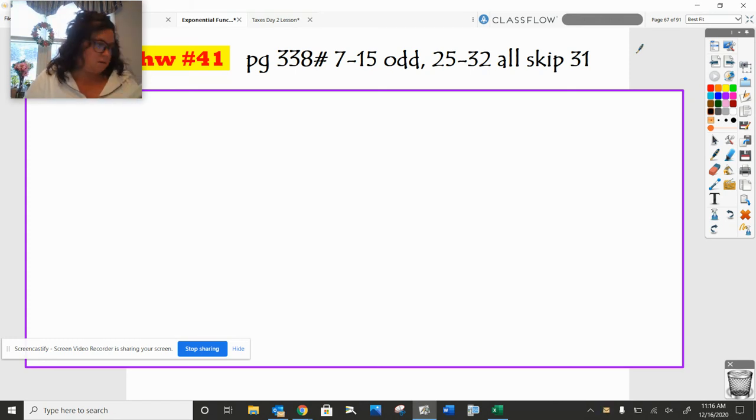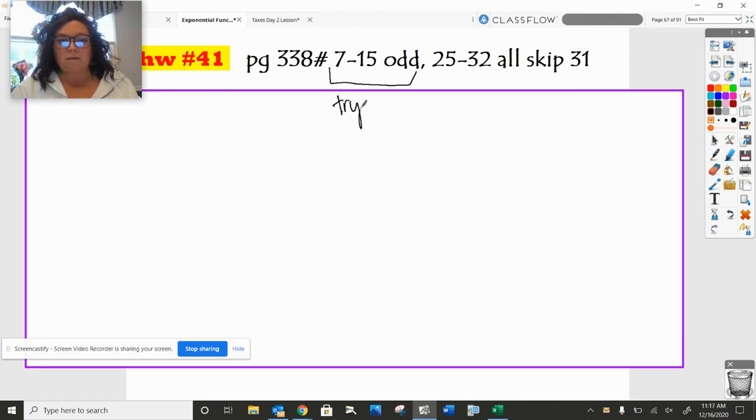So let's see, 338, 7. Okay, 7 to 15 odd are just a continuation of the problems that we have already talked about. So 7 through 15 odd are ones where you're trying to get a common base.